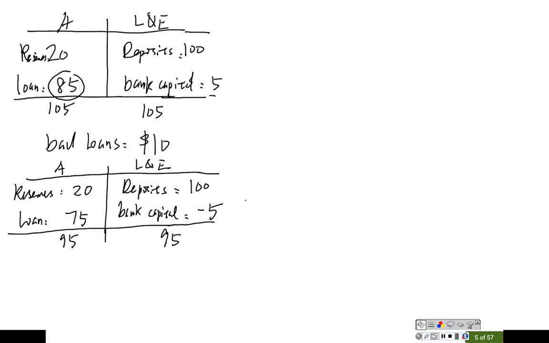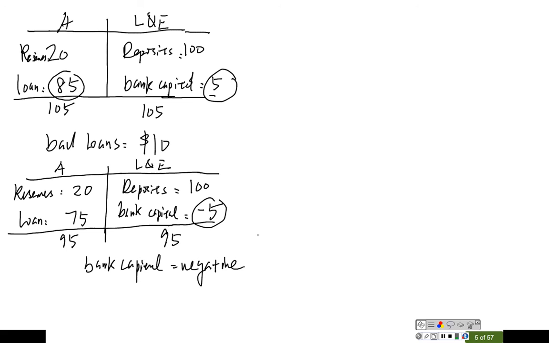This means the decline in the value of the loan has an impact on the bank capital. So bank capital declines from 5 to negative 5, by $10. In this case, because the bank capital value becomes negative, the bank will fail.